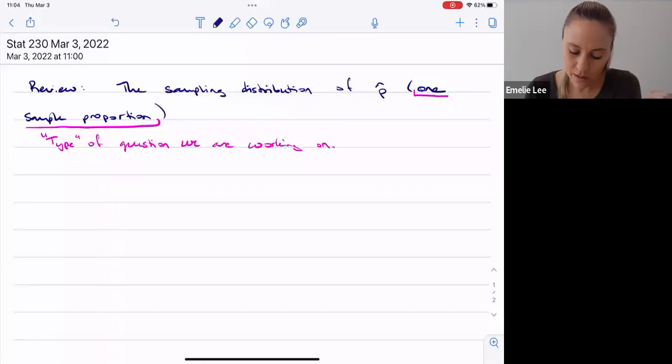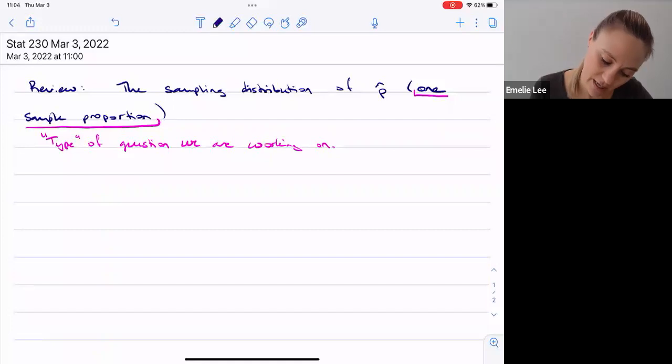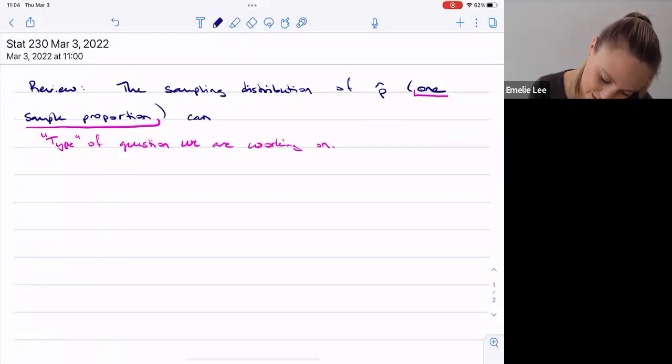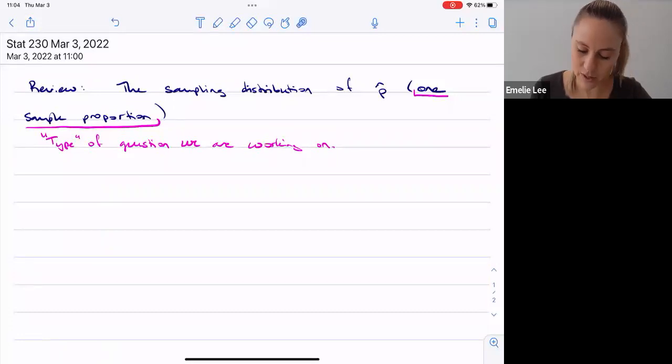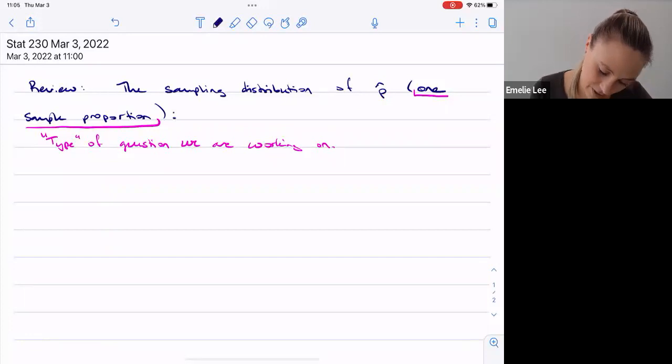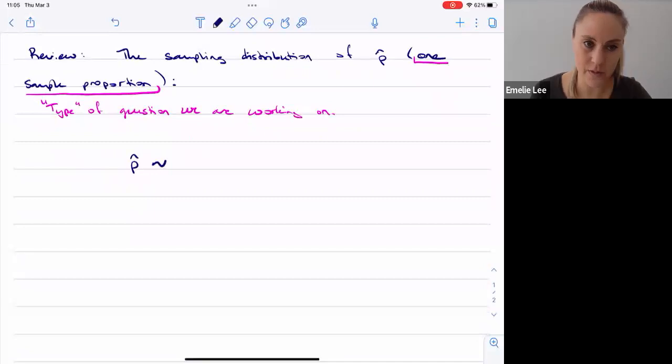Okay, so the sampling distribution of p hat, which is one sample proportion, can, and maybe I'll just end it here. I don't want to continue it as a sentence. It got weird because I wrote this kind of big note here, but maybe I'll do this, is that p hat follows a normal distribution.